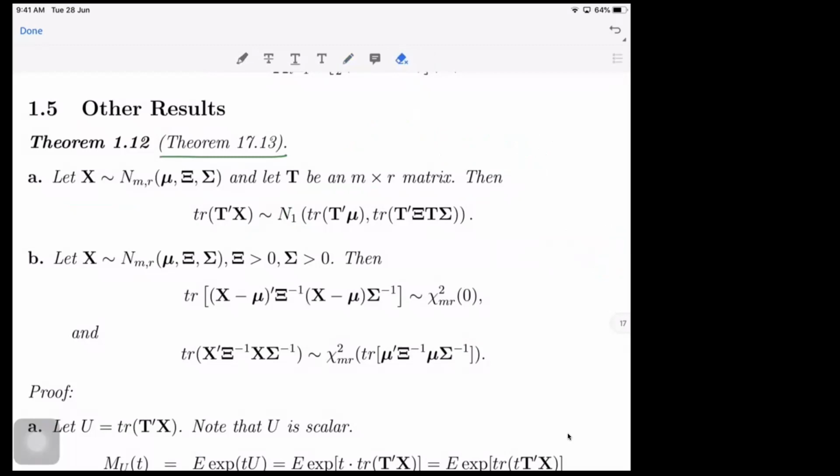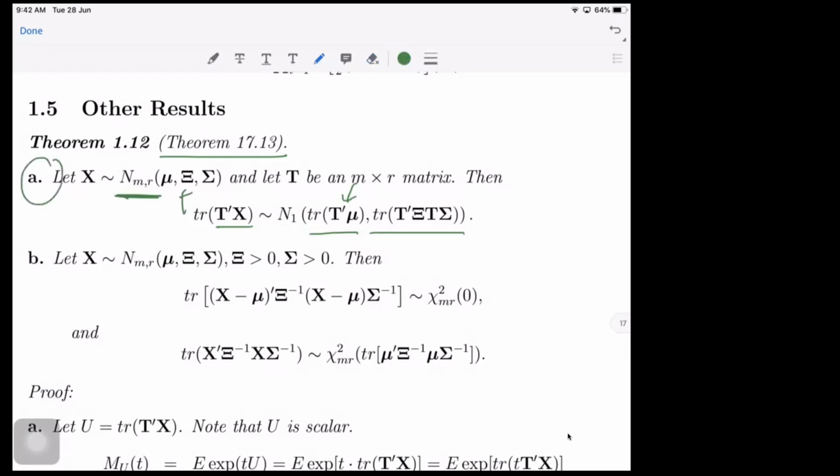So the trace of T prime X will be normal because it starts normal and any linear transformation on a normal is still normal. So the mean is the trace of T prime mu, and the covariance is the trace of T prime psi sigma.